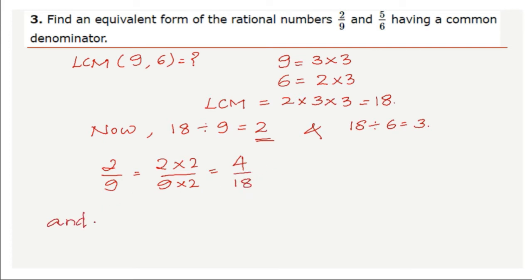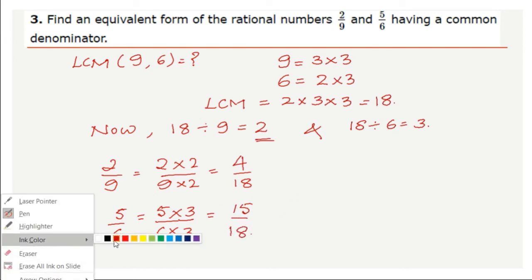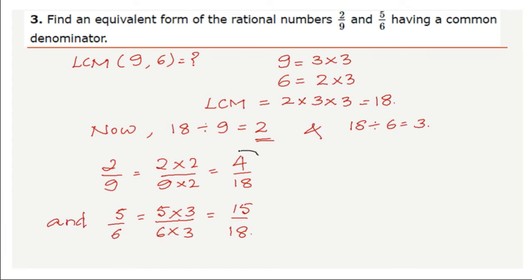And 5 by 6, for this, 5 as well as 6 are to be multiplied by 3. Then we get 15 upon 18. Now the numbers 4 upon 18 and 15 upon 18, they have the common denominator as 18.